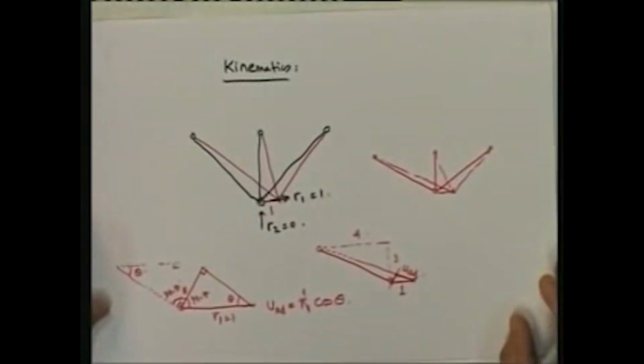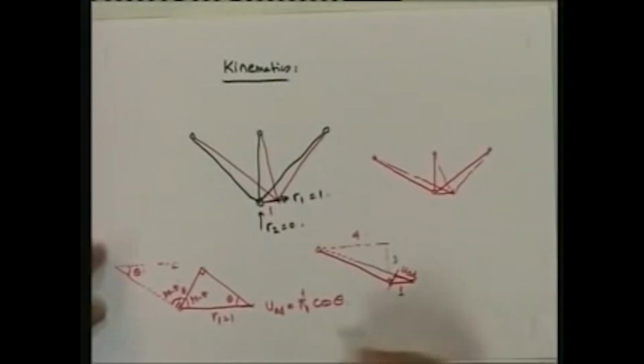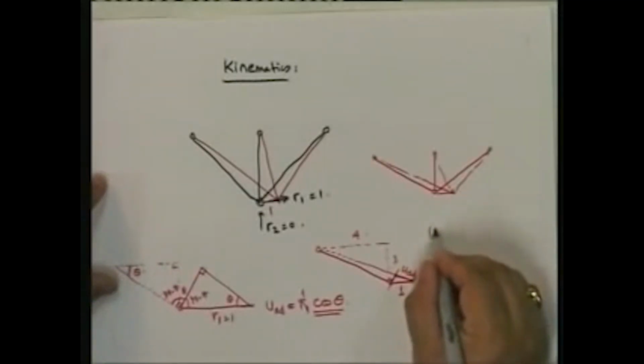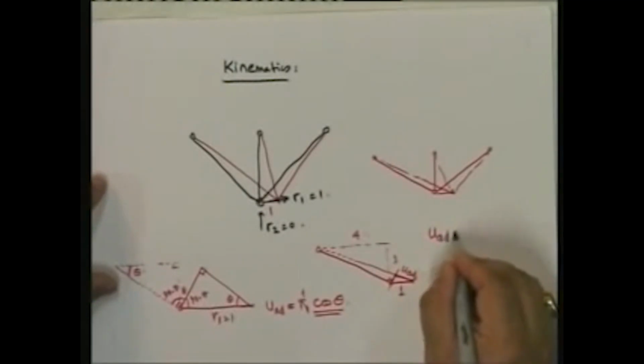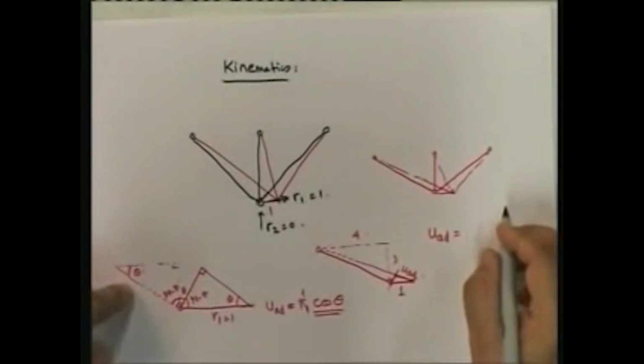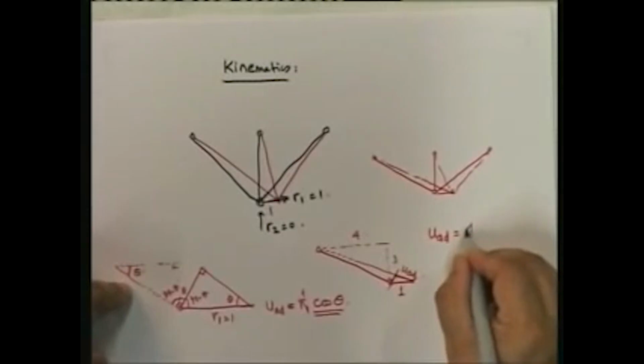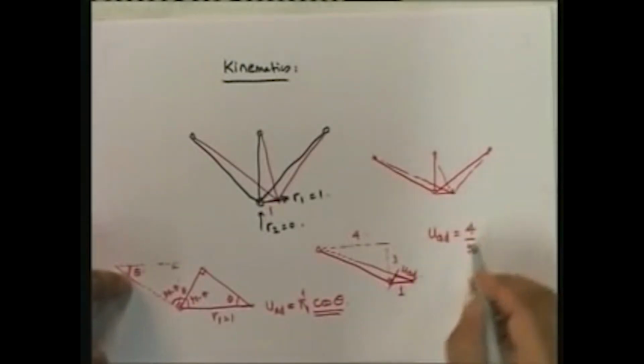UAD is cosine theta, and this way I can find out that whatever is the angle that it makes with the horizontal, the U of that is given by cosine theta. In this particular case, UAD is equal to, what is cosine of theta? You will see that this will be equal to 4 by 5, and that's positive 4 by 5.